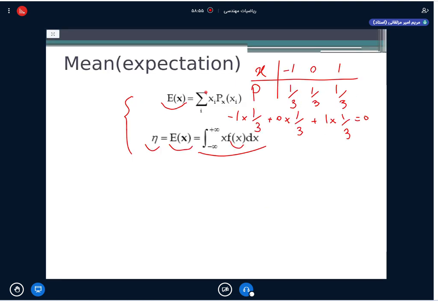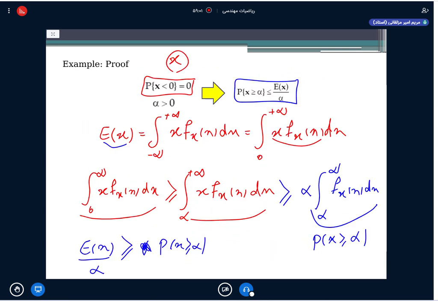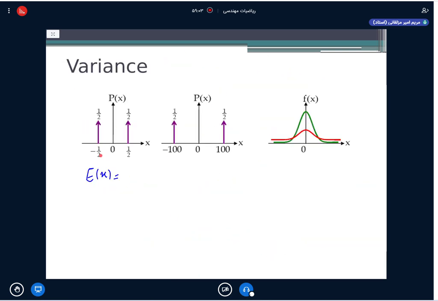As we have in this example, we should multiply xi by the probability and compute the summation. Okay, x takes the value negative half with the probability of one half, and it takes the value one half with the probability of one half. As you can see, the expectation of this random variable with such PMF is equal to 0.